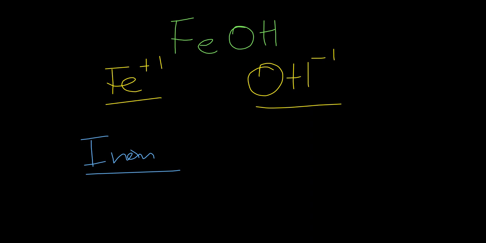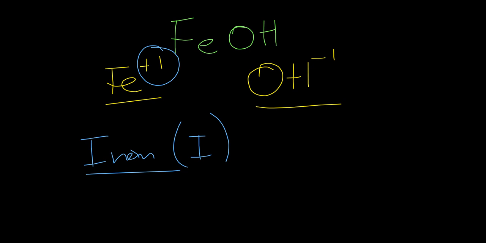The answer is yes. And the reason is that iron has a variable oxidation state. So we need to show the oxidation state of this particular ion in the compound. In this case, the oxidation state of the ion is +1. So we need to show 1. Roman numeral I stands for 1.